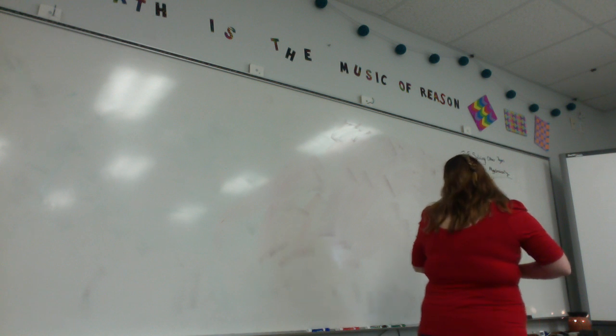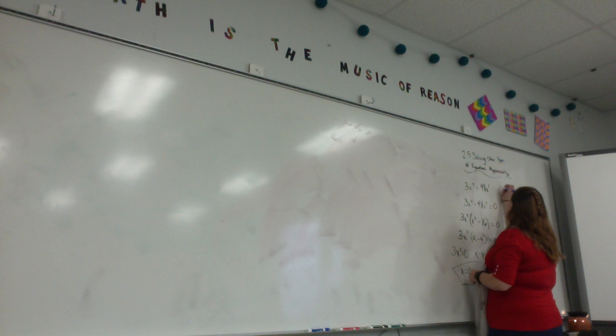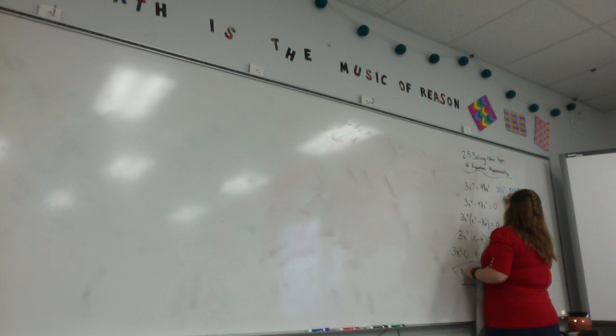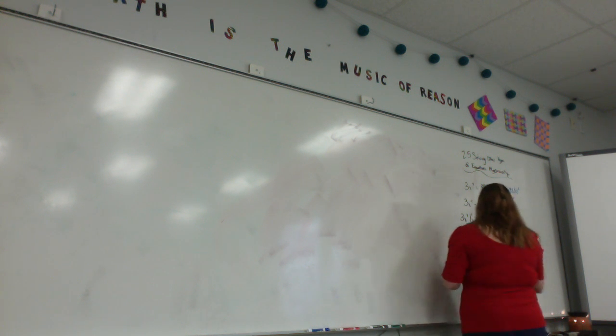Then you would want to check those answers to see which one actually works, or if all 3 of them actually work. So you would plug them into the original equation. 3 times 0 to the fourth equals 48 times 0 squared, so 0 equals 0. That one works. Now 3 times 4 to the 4th equals 48 times 4 squared.